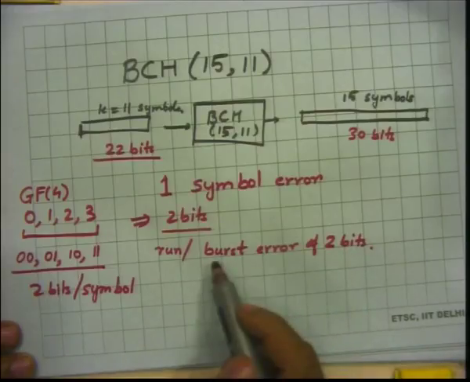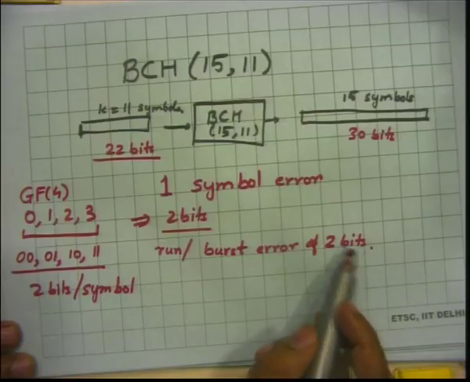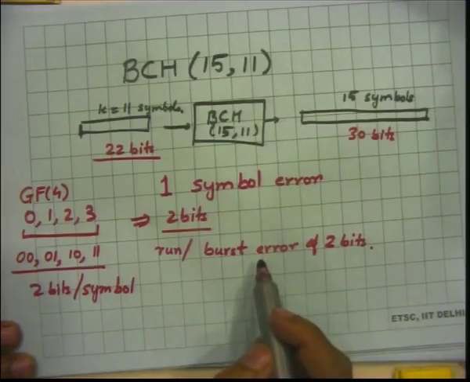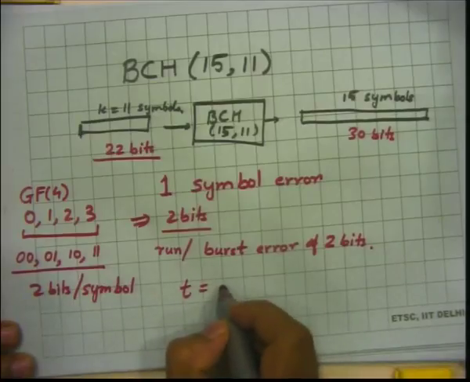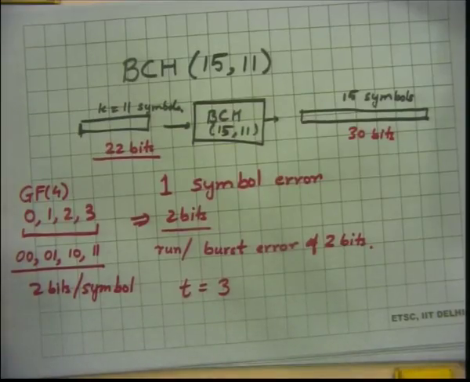Consequently, it is actually a burst error correcting code for a burst of 2 bits. So, if I extend this logic and if I say t is equal to 3, that means 3 symbols can be corrected, and so forth. But we will come to this later. Let us continue this example.